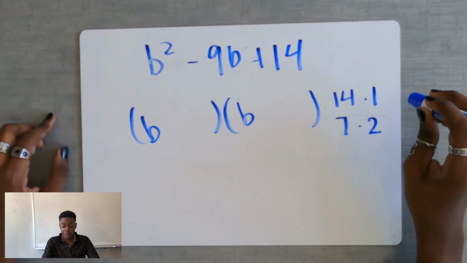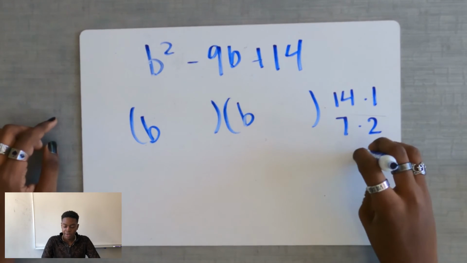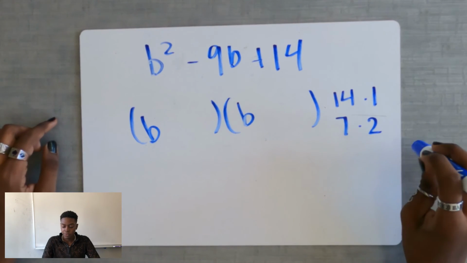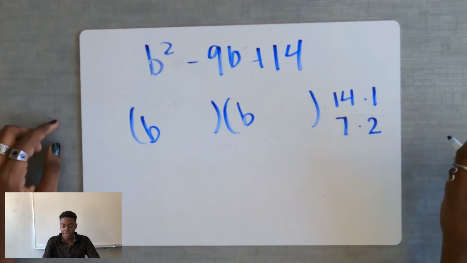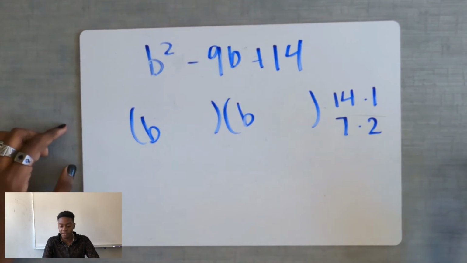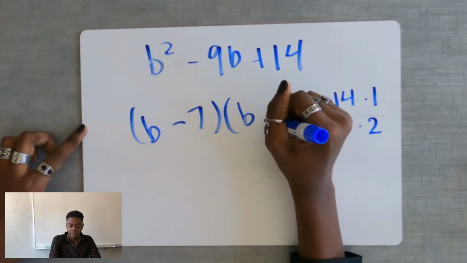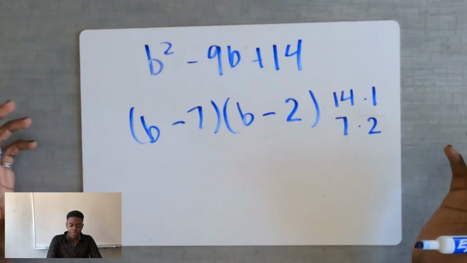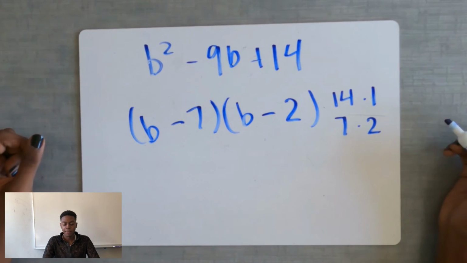No. Does negative 14 minus 1 equal negative 9? No. Well, let's look at this. 7 plus 2, well, that's 9, but we're trying to get negative 9. So it needs to be negative 7 minus 2, or negative 7 plus negative 2. So with that being said, we can go ahead and put these minus signs here. And that's our factored equation. B minus 7 times B minus 2.